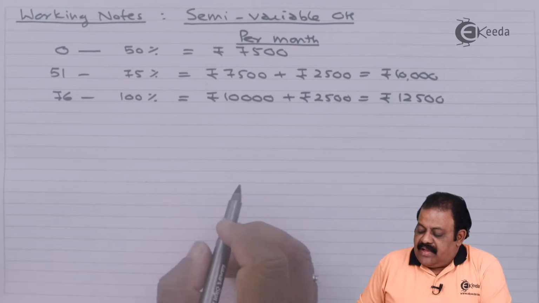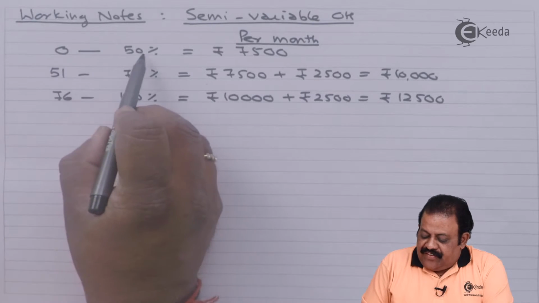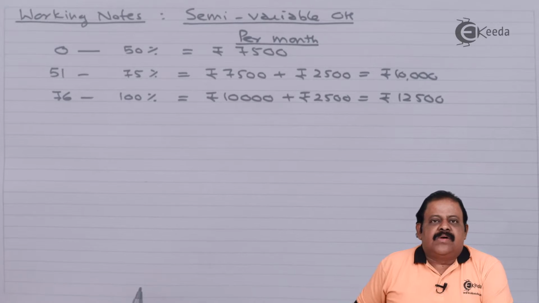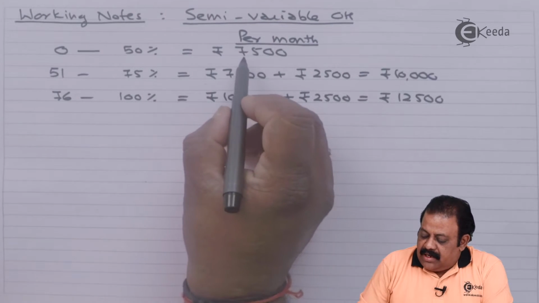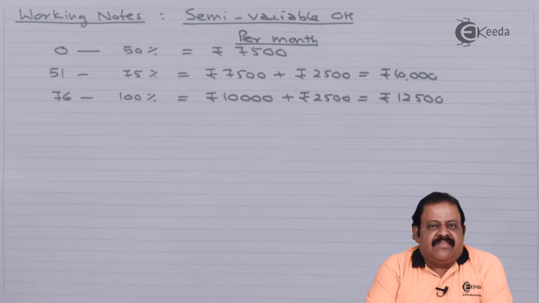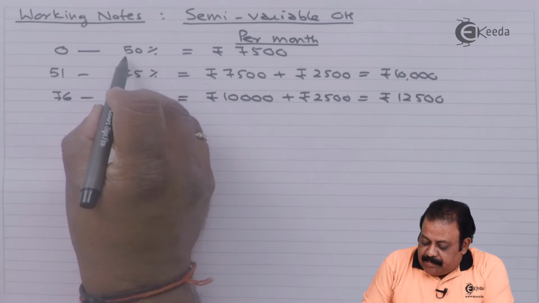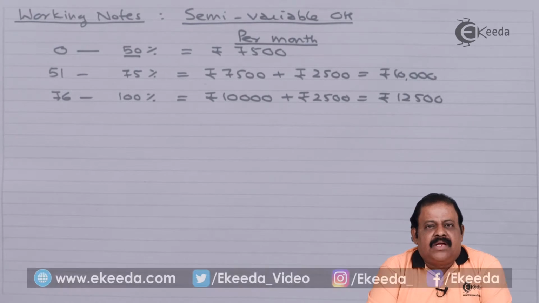In this case, semi-variable overheads are charged like this: 0 to 50% it is rupees 7,500 per month. That means if we use 1% capacity, semi-variable overheads will be 7,500. If we use 5%, 10%, 40%, 45%, up to 50%, it is going to be rupees 7,500 per month.